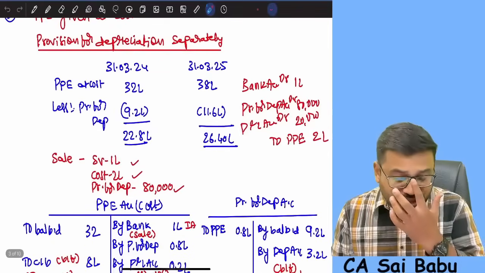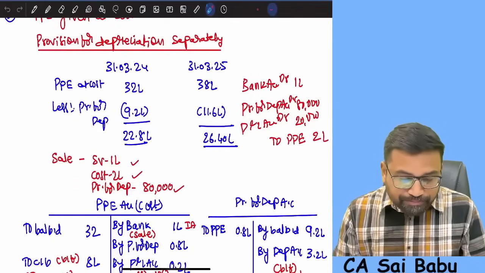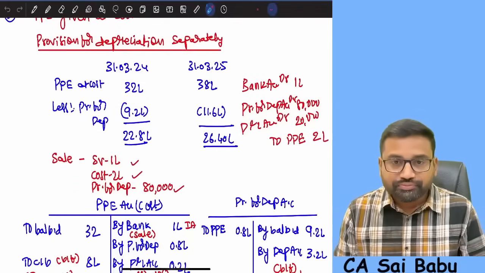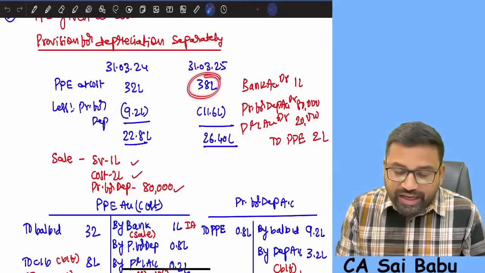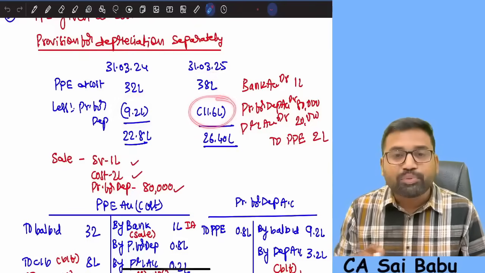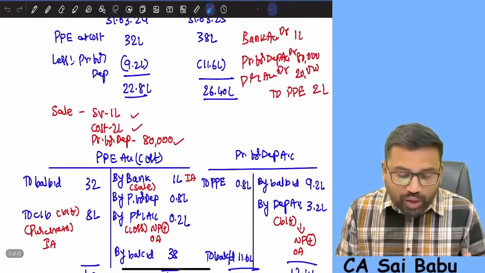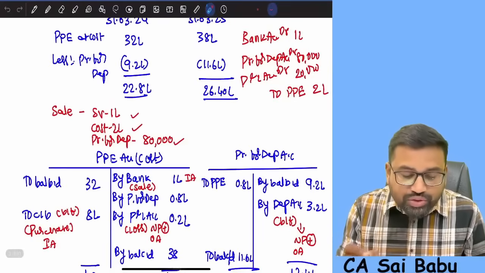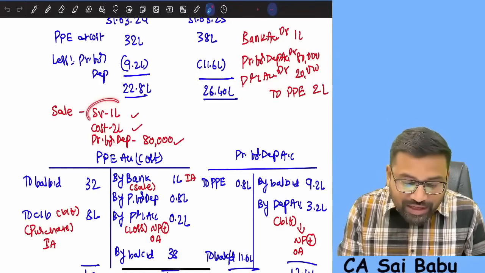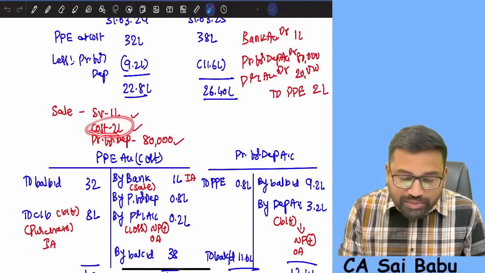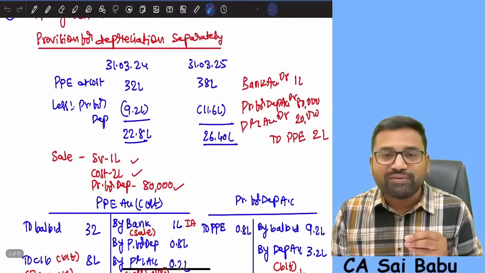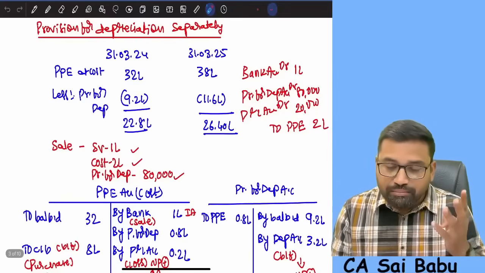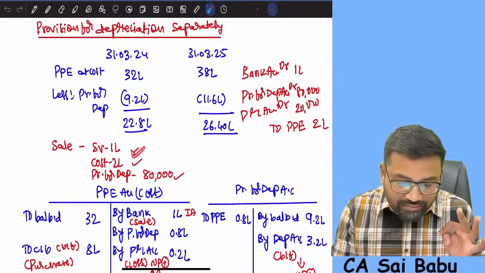Suppose in this question, you see, I have taken PPE at cost 32, opening. Provision for depreciation 9.2. Closing 38. Provision for depreciation 11.6. Now during the year, what happened? They have sold some PPE. Sale value 1 lakh, cost 2 lakhs, provision for depreciation 80,000. Now in this case, what is the entry we will write, sir? Whenever there is a sale, bank account debit 1 lakh.